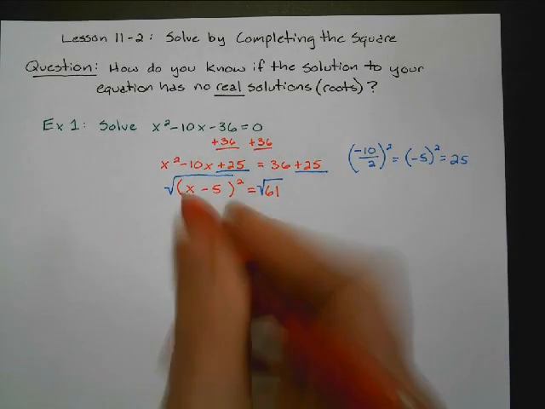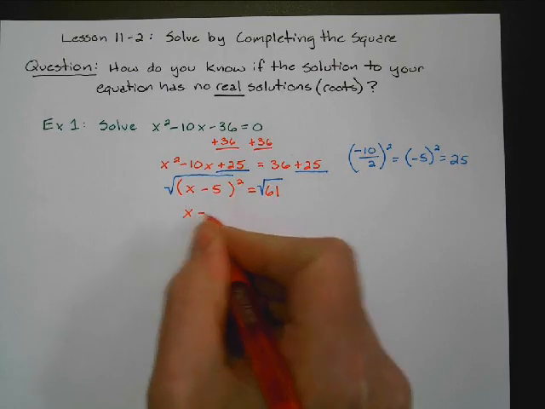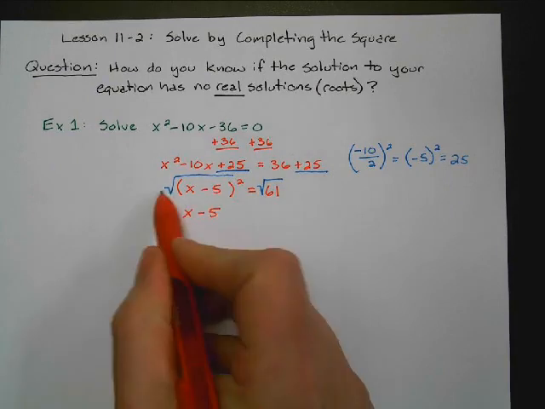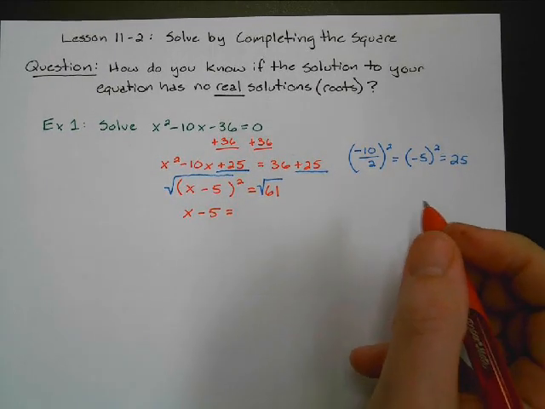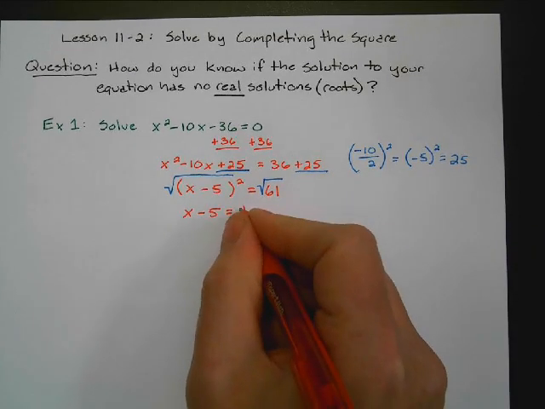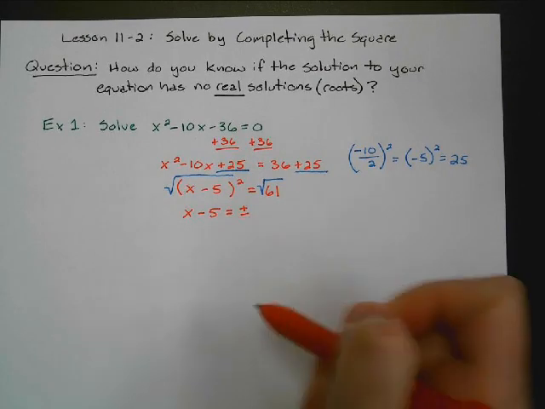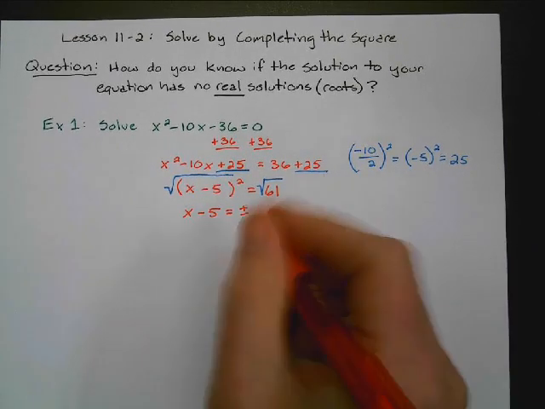So this side of the equation is going to turn into just x minus 5. On the other side of the equation, remember, whenever we take the square root of both sides, we have to add plus or minus. So we got plus or minus on this side, and then root 61.